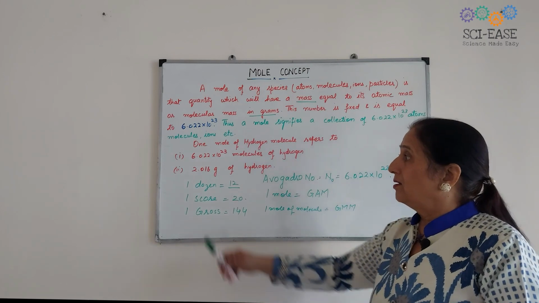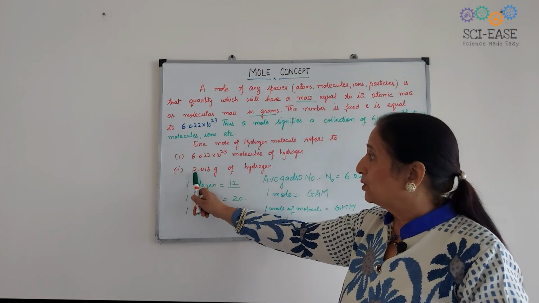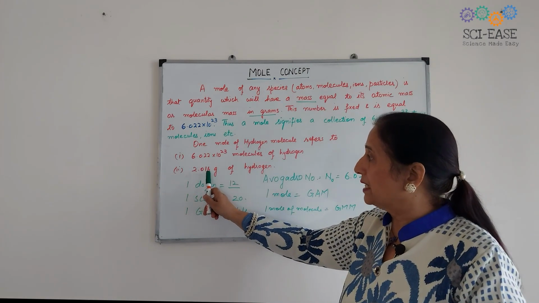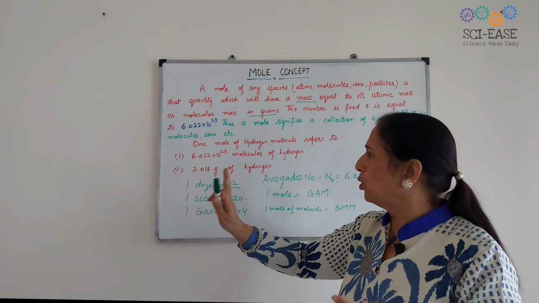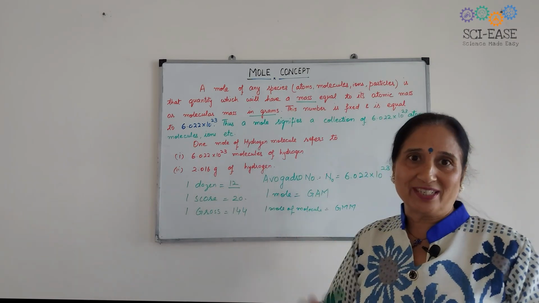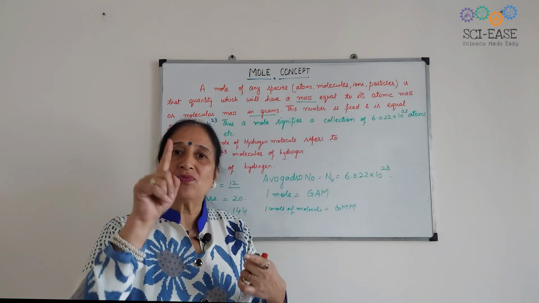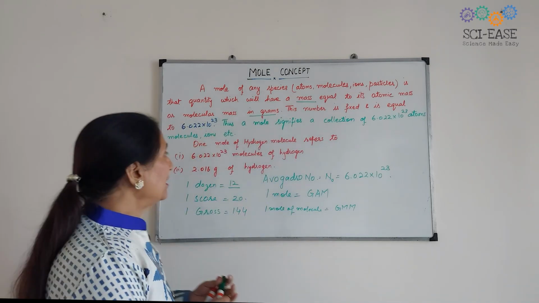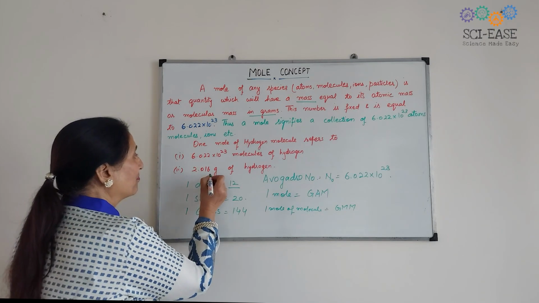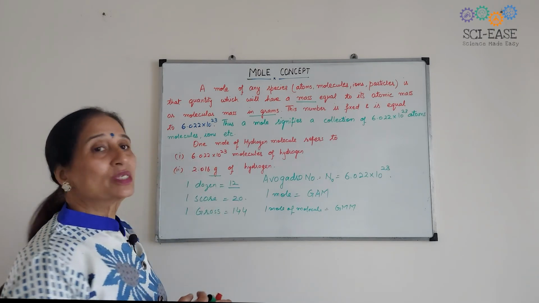And another thing, 2.016, or you can use 2 also, grams of hydrogen. Atomic mass or molecular mass, we write U, but here this gram is used.